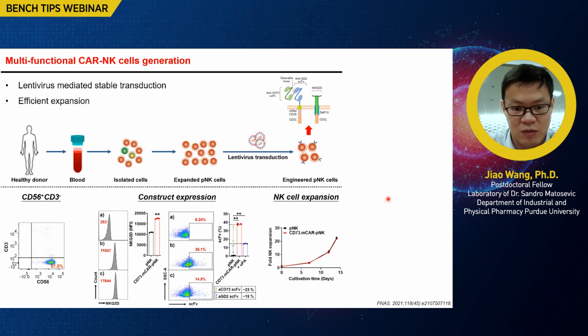We can also achieve decent construct expression, of both NKG2D and GD2 CAR, and also the CD73 scFv part. These engineered NK cells can also be well expanded, so that we can utilize them to further evaluate the in vitro and in vivo anti-tumor function.